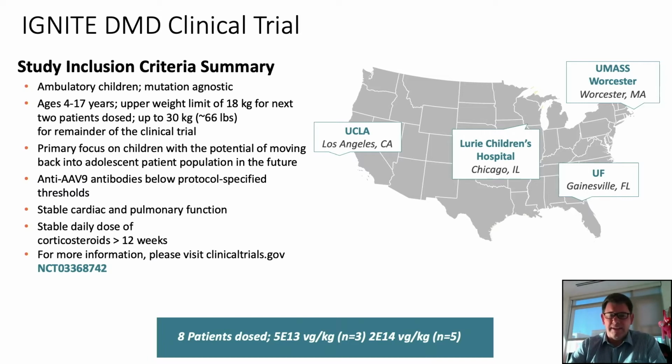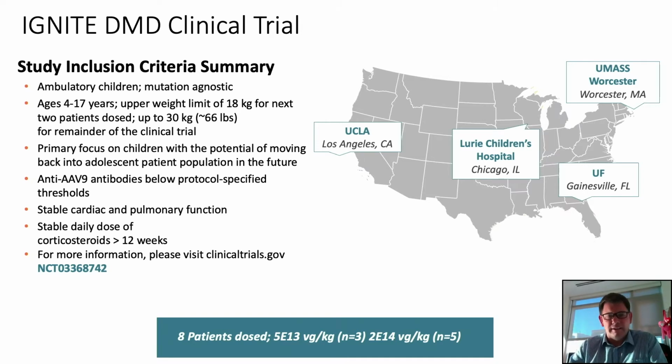Happily, the patient has fully recovered, and all the lab values are back to normal. We shared the data with the DSMB and FDA, and we're working closely with both to move forward and get back into the clinic as soon as possible.